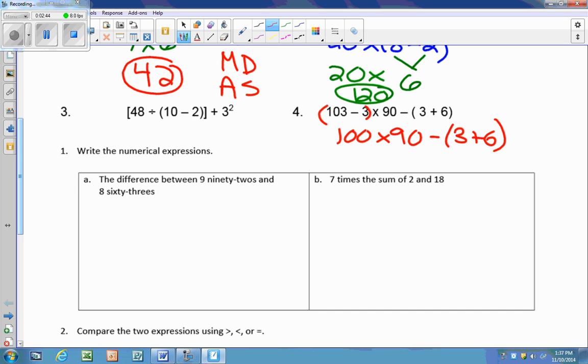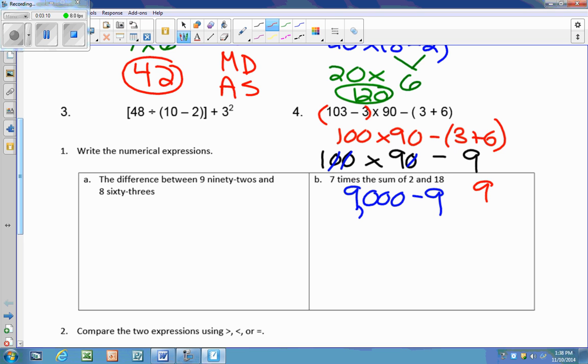Now we're going to look at this. And the first thing we see is that there's still more parentheses, so we're going to solve those. And we're going to rewrite everything else. And now we're down to multiplication and subtraction. And we see that multiplication happens first. We can use our 0 rule. So we have a 9, and we have to put 3 zeros back in. And we're going to subtract out the 9. Next, we're going to do 9,000 minus 9.